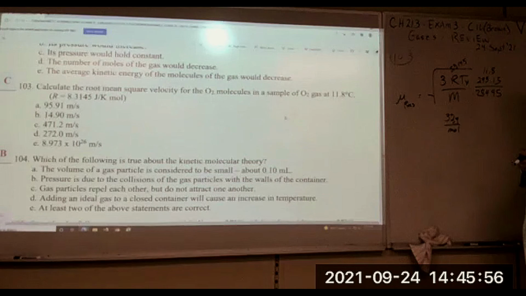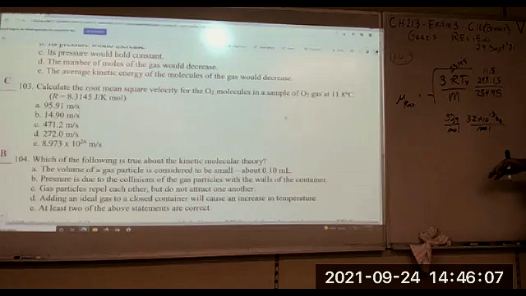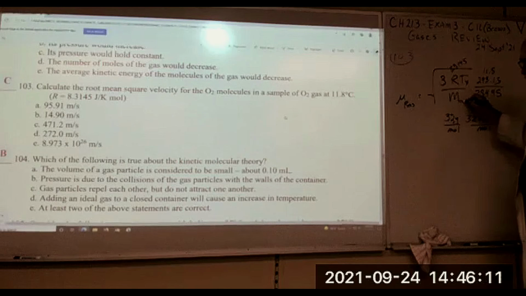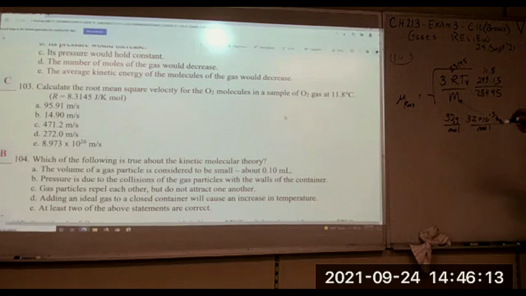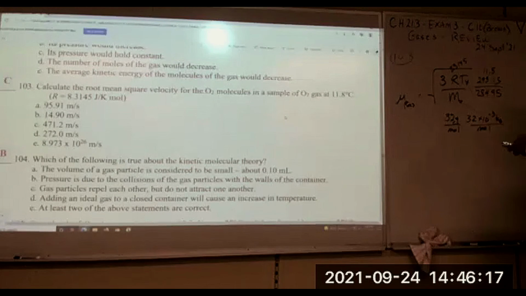A gram is 1,000th of a kilogram. So we need 32 times 10 to the minus third kilograms per mole, or 3.2 times 10 to the minus 2. And that goes in here. Now it's just crunching numbers, right? And it should come out to 471 meters per second. Okay.